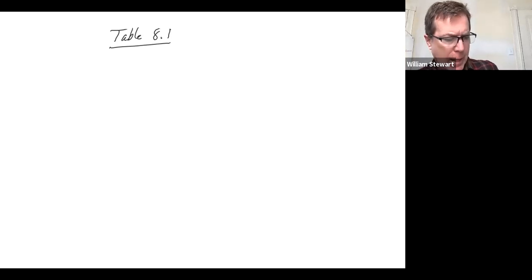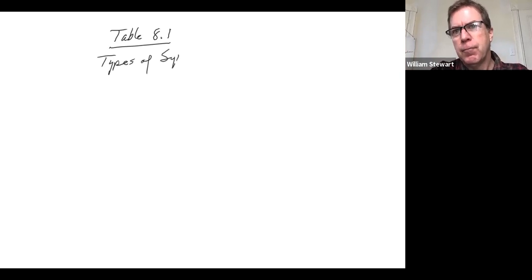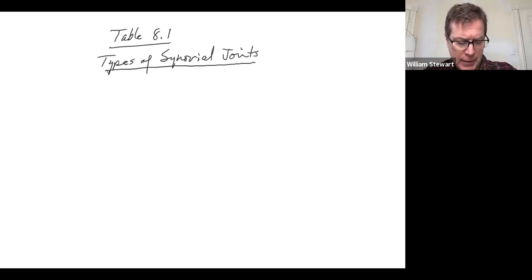And I'm just looking ahead. There's 6 total, 6 different types of synovial joints. So I'm just going to write types of synovial joints. I don't think I'll have time to draw pictures of all of these.